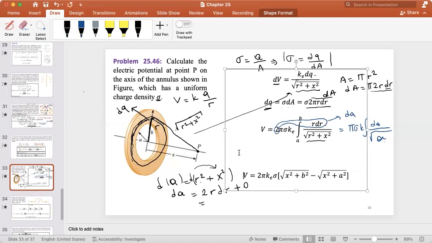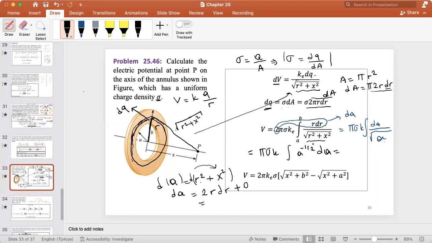So continue. Can I write pi sigma K and A to the power minus 1 over 2 dA? How can you take the integral of it?